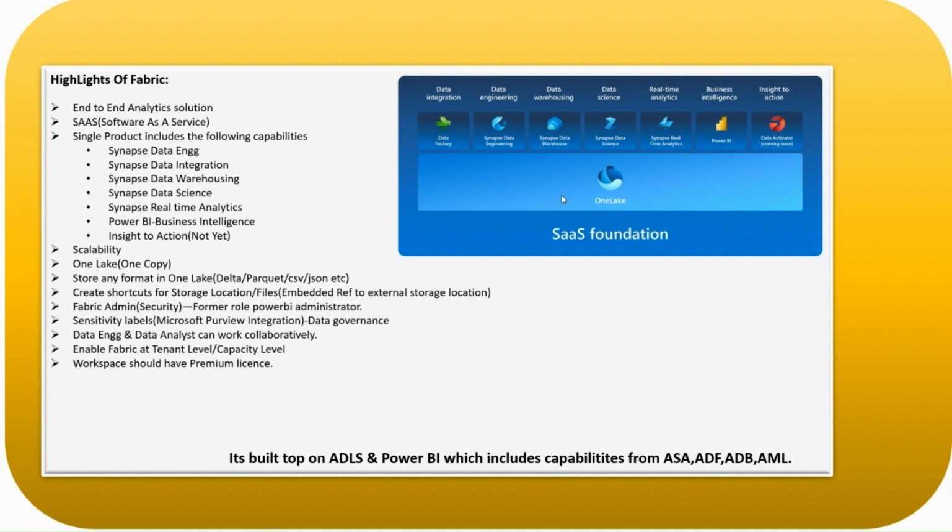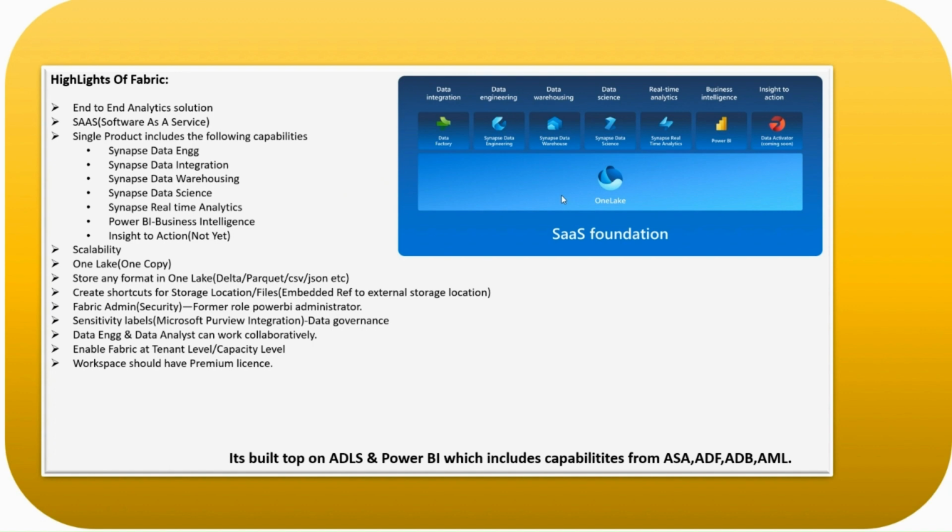So think about this: in a traditional setup, if you want to use the same data for another service, of course you need to move it from one storage into another storage. The storage may be different. You can utilize Blob storage for one service and ADLS for another service.